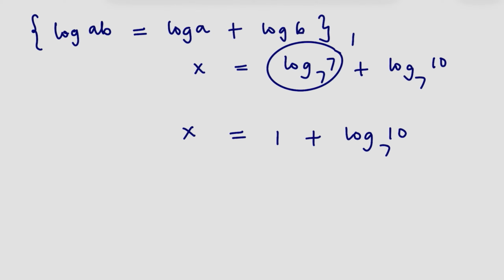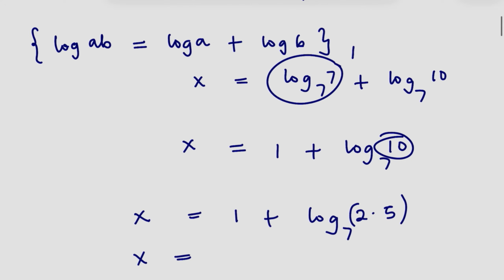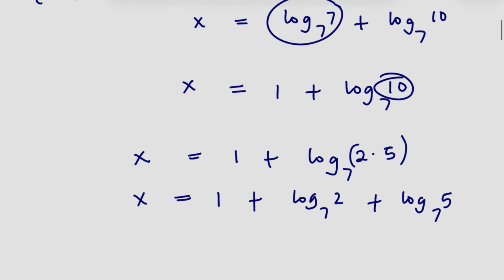This is very close to our final answer, but we can further break apart this 10. So we have x is 1 plus log of 2 times 5 in base 7. And then we apply this same law we used earlier to break apart 2 times 5, giving us log 2 base 7 plus log 5 base 7. And now this will be our final answer to this problem.